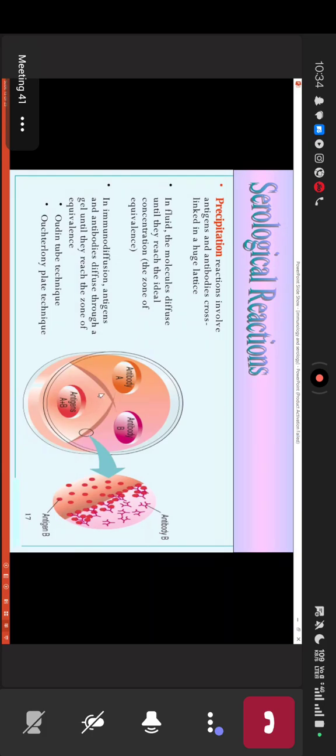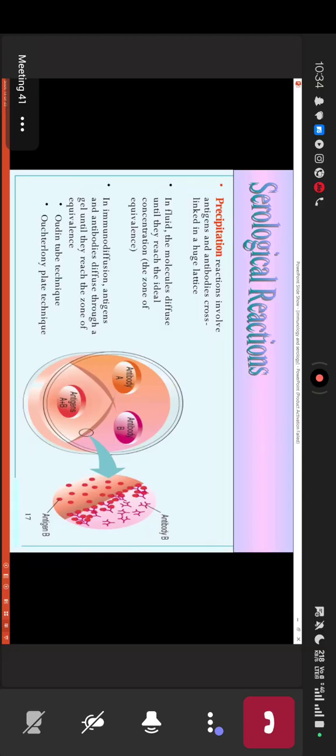In fluid, the molecules diffuse until they reach the ideal concentration. That means zone of equivalence. Let's suppose in this image there are 10 antibodies, right? And there are 20 antigens. Are they equivalent to each other? Can they neutralize each other? No, because the number of antigens is more as compared to antibodies.